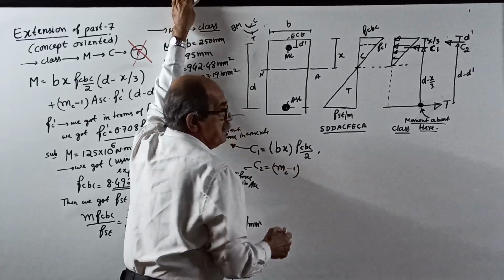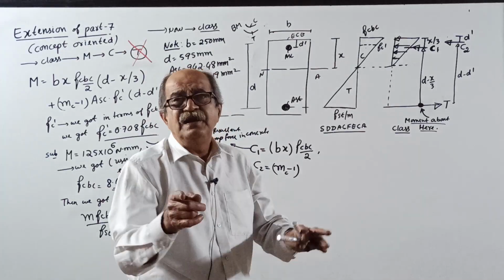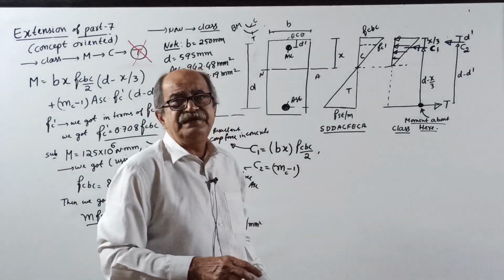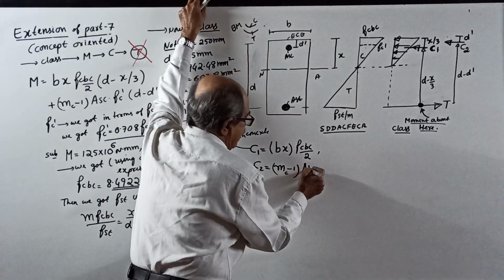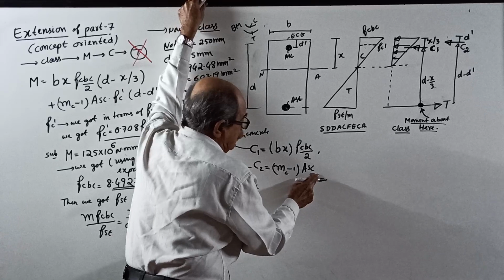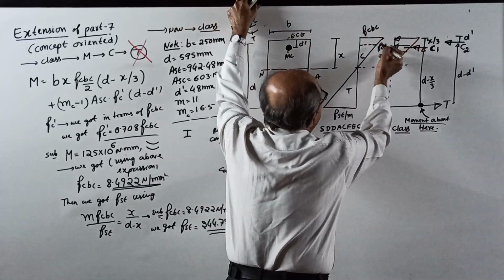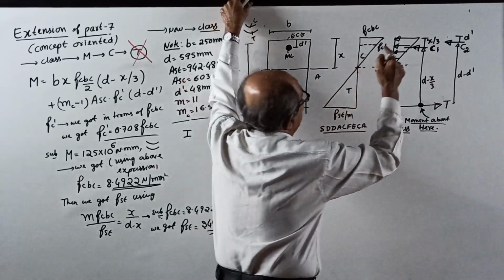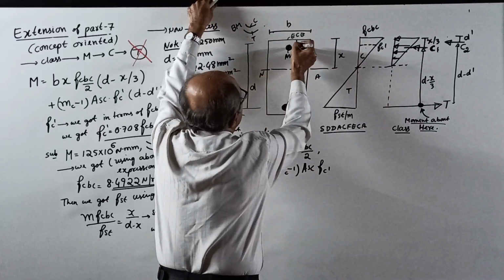I told the reason for the minus 1 very thoroughly in the class, for the regular batch; others have to accept what I tell. m c minus 1 into ASC, the equivalent concrete area, into the stress at this point, fc dash. That will give you the resultant force C2, acting at d dash from here.